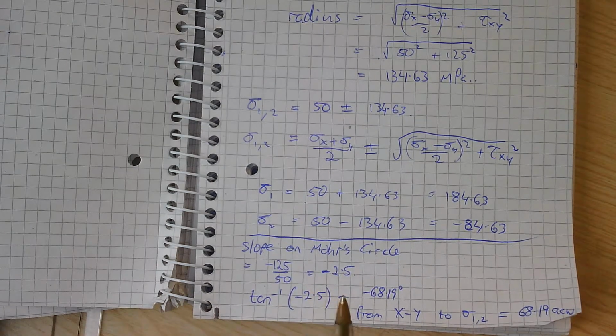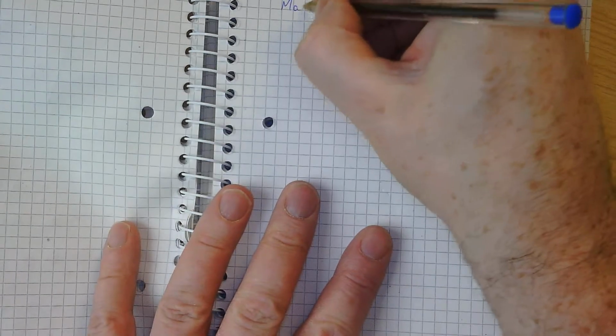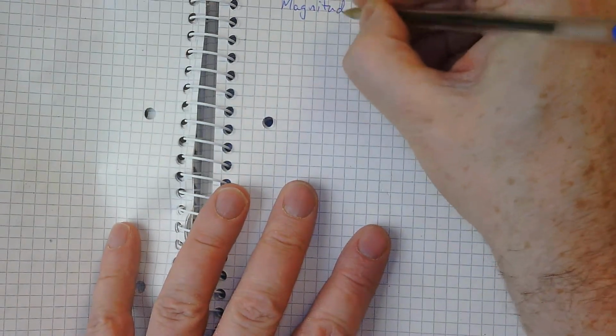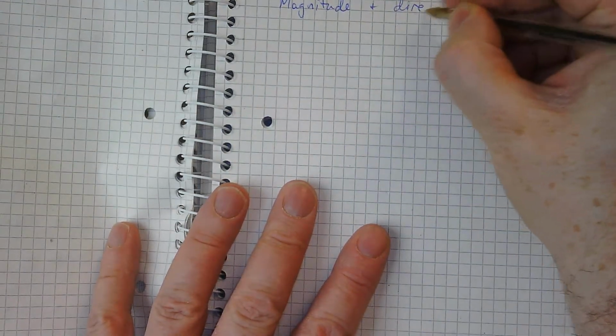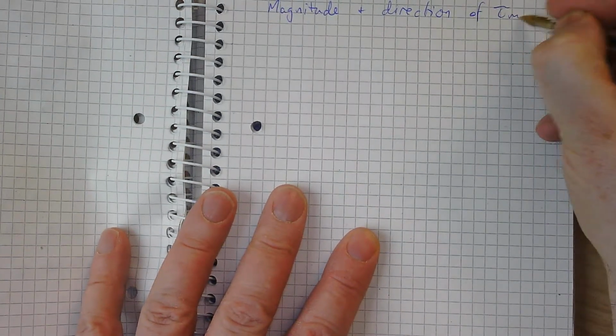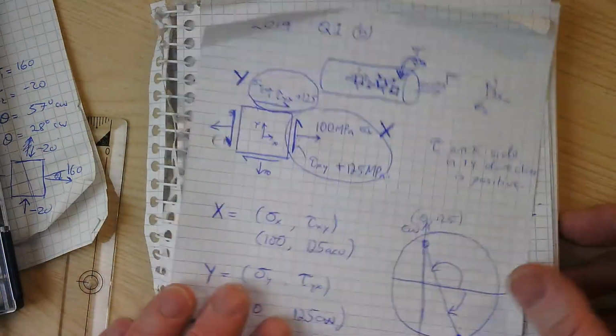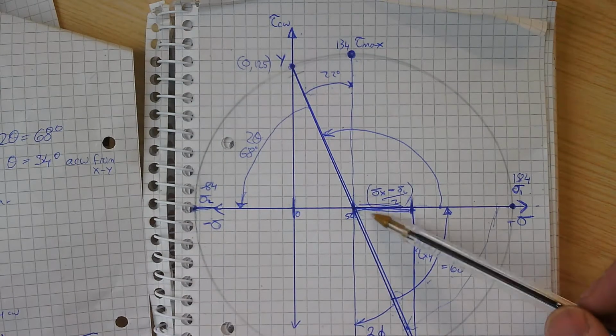Okay? The magnitude and direction of the shear stresses then, or rather tau max. So what is the magnitude of the maximum shear stress here?